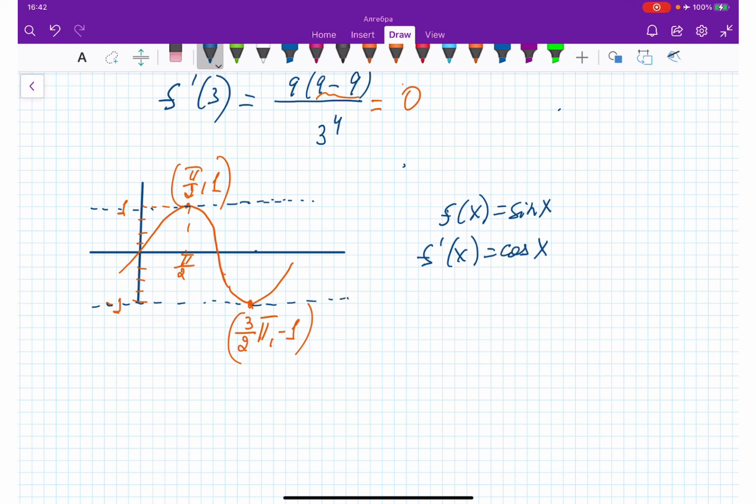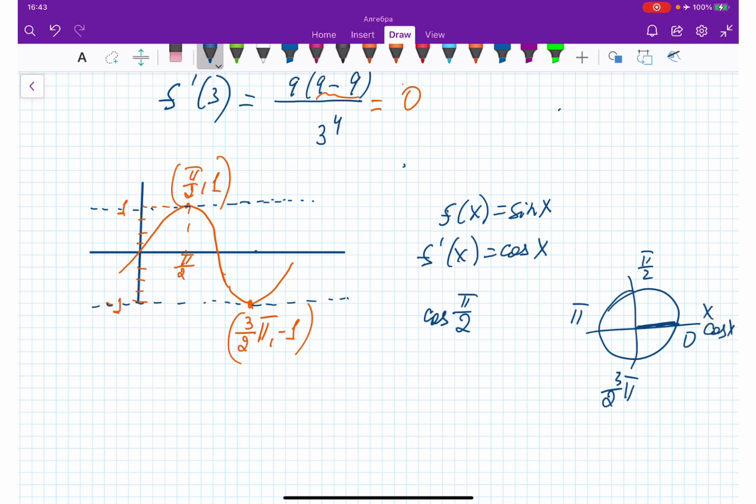Okay, the first derivative is cosine, right? So let's see, cosine half a pi. How much is it? If I take this as 0, this is half a pi, this is pi, and this is 3 over 2 pi, right? Okay, cosine represents our x, and y is represented as sine x.